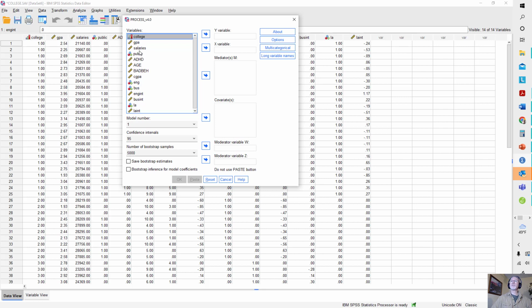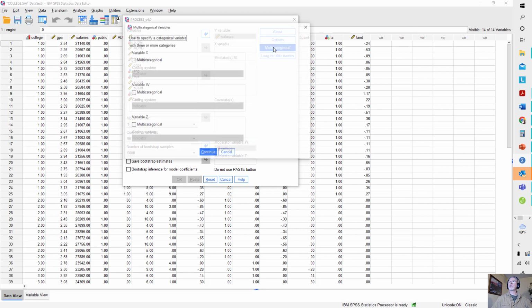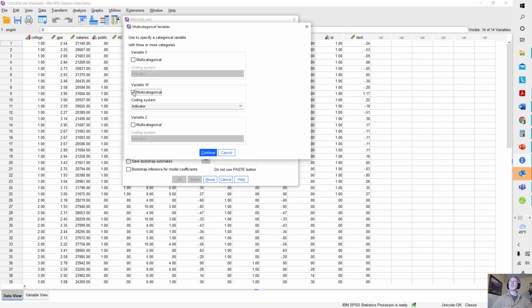And we're going to put in salaries for our Y variable. We're going to put in college as the moderator, so it's going to do the coding for us. And it has a box over here that says multi-categorical. So we're going to go ahead and say that W is multi-categorical.